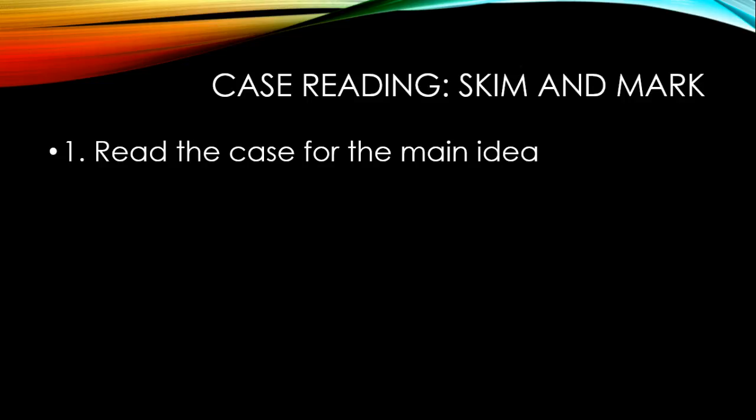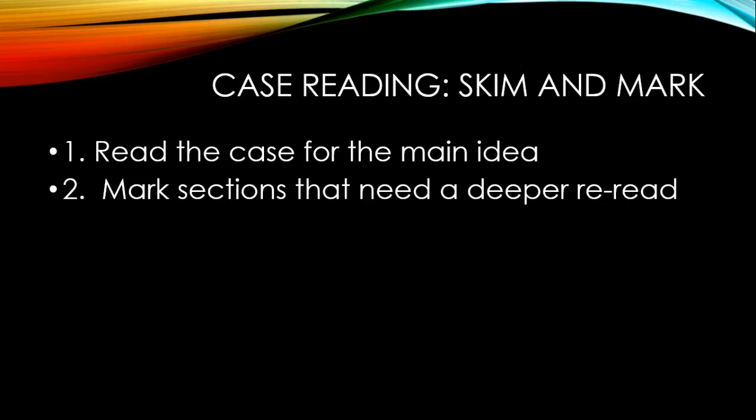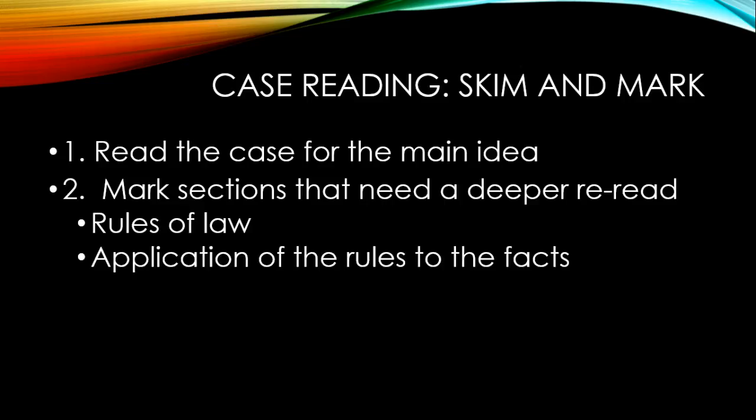Your main objective here is to understand the case at a large, big picture level and to mark out those sections that need a deeper read, which principally for you right now should be the rules of law, and you find those like where the court is citing code, which is not very often in tort class, or citing to other cases, stating statements of law. That's typical that you'll find in torts. The other thing you're looking for is the basic application of the rules to the facts, because you want to mark those sections to reread them and truly understand that application.